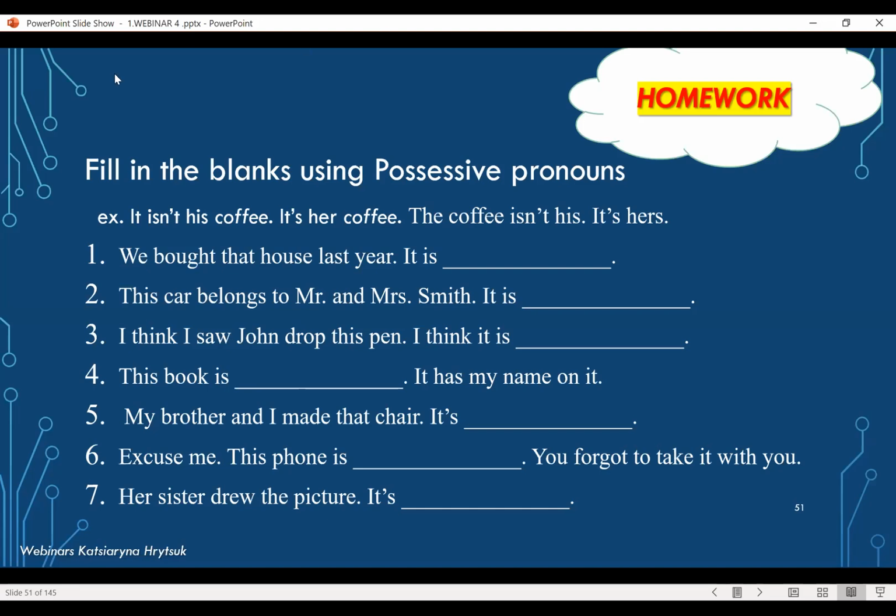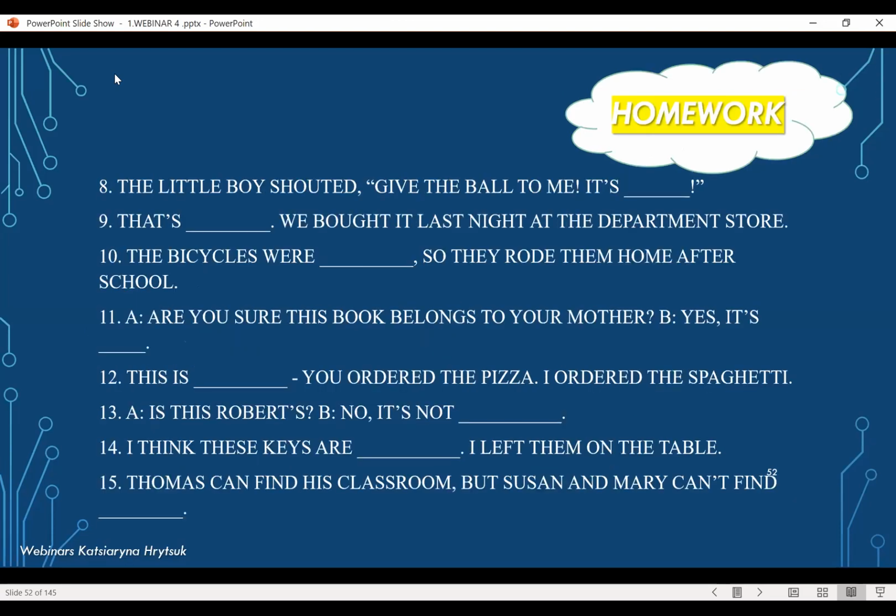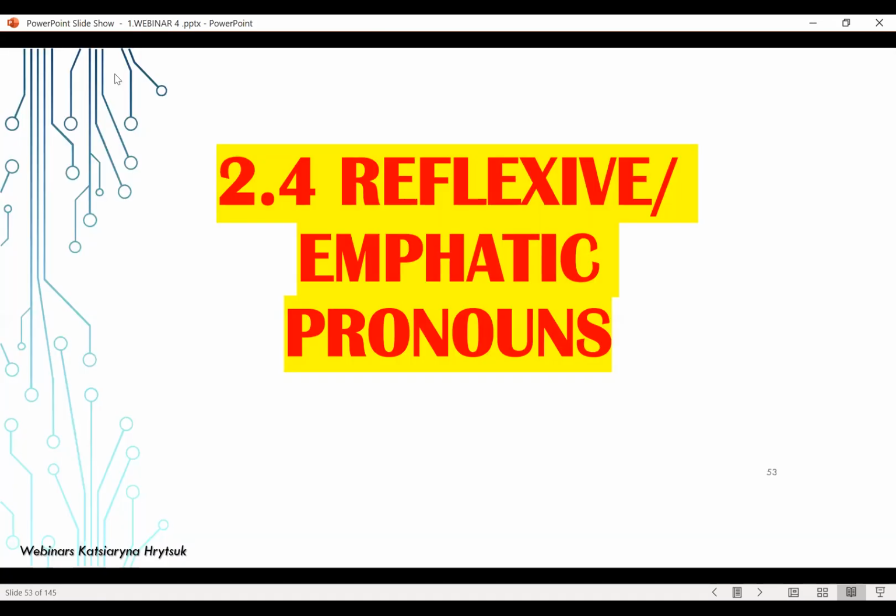And homework for next time. So we have these possessive pronouns, that is slide 51 and slide 52. Next, the last group, reflexive and emphatic pronouns. So reflection, from the verb reflex, okay?